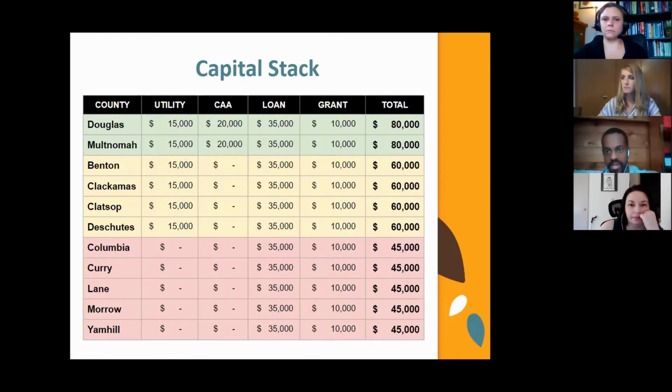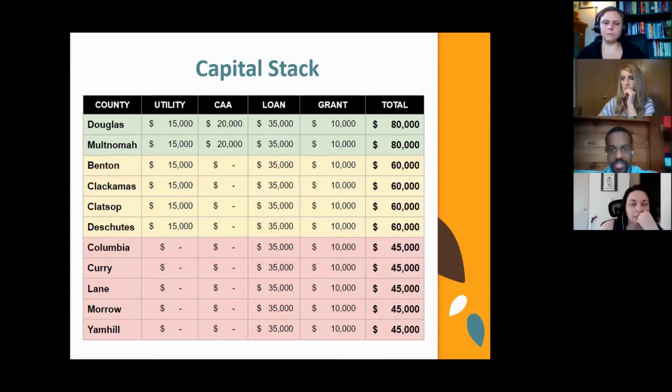In that second column, the utility might be Pacific Power, a private utility, depending on the county. Those counties get their funds from Energy Trust of Oregon, up to $15,000. Both community action agencies are partners. They get the OHCS loan, which is a forgivable loan, and the decommissioning grant, which we are just saying is $10,000, which totals $80,000.